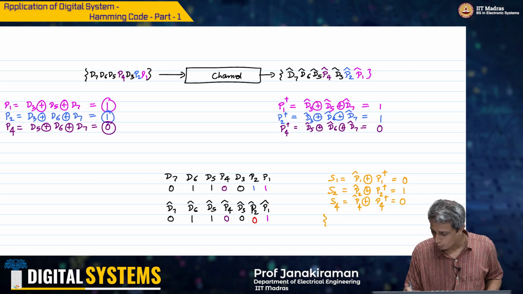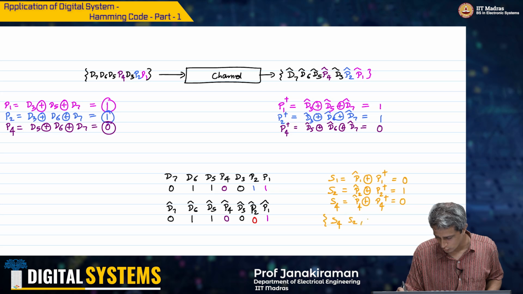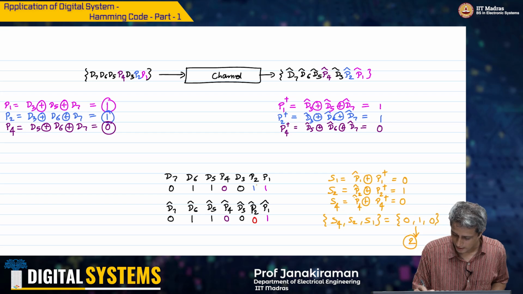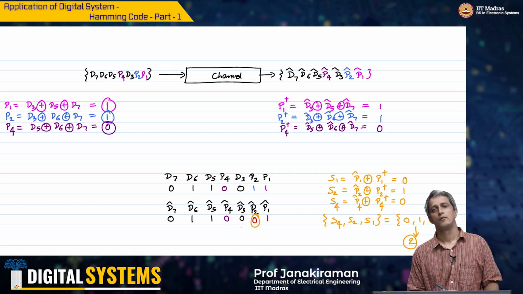So when I now put this syndrome in this order, S4, S2, S1, the binary representation, it would be 0, 1, 0, and this basically says bit position 2 is in error here. That's exactly what we wanted.